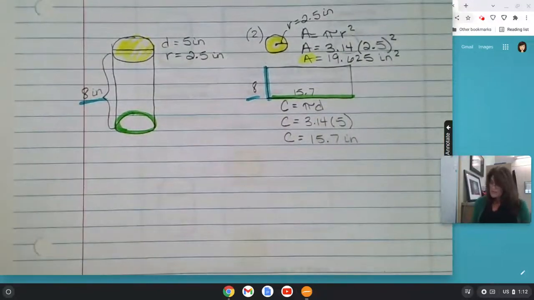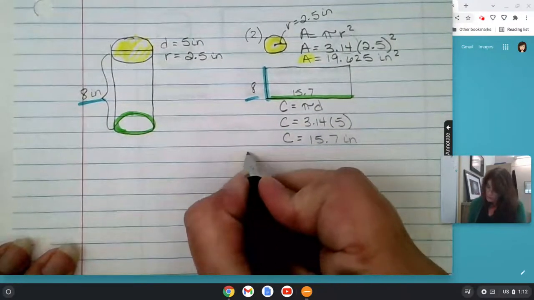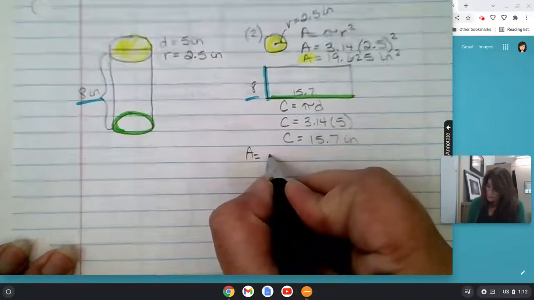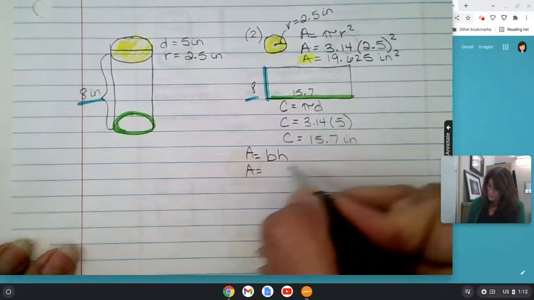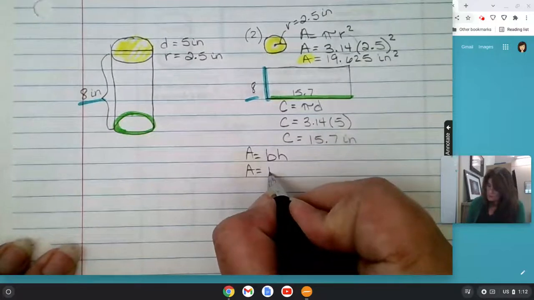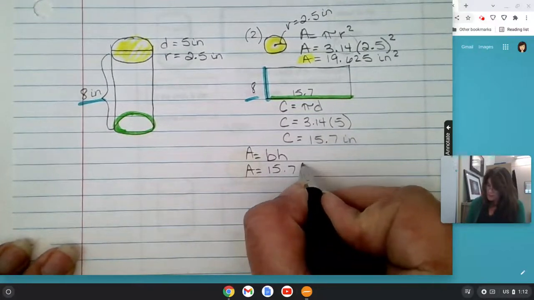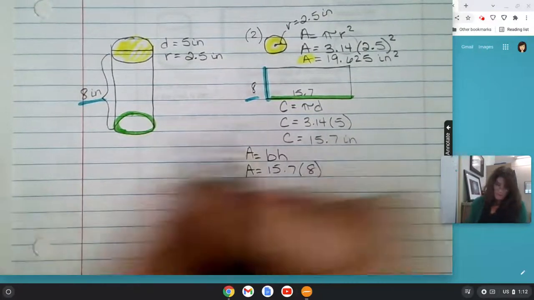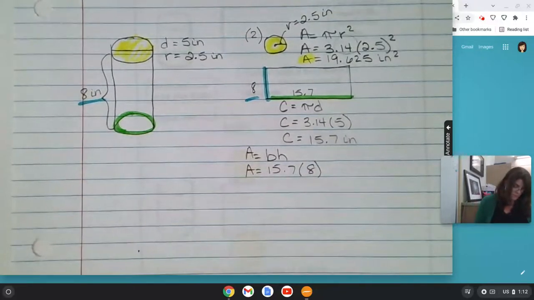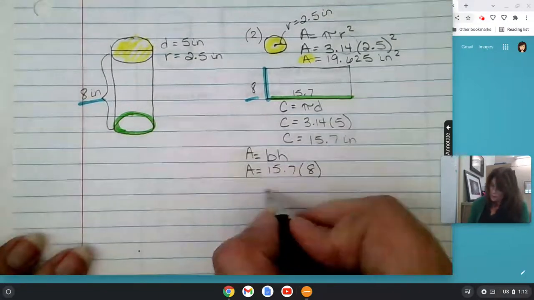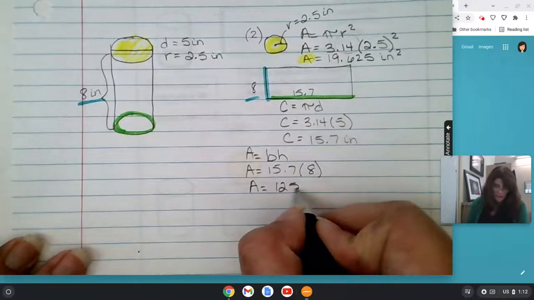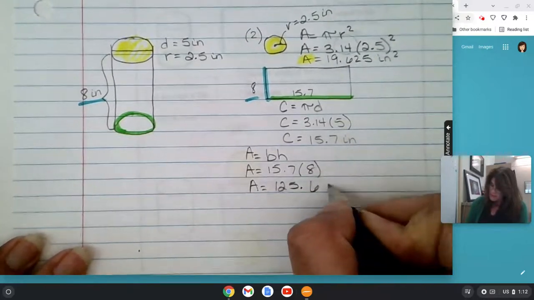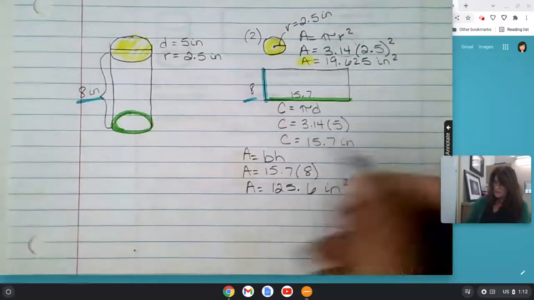The area of the rectangle is base times height. So it's 15.7 times 8. Area, 125.6 square inches.